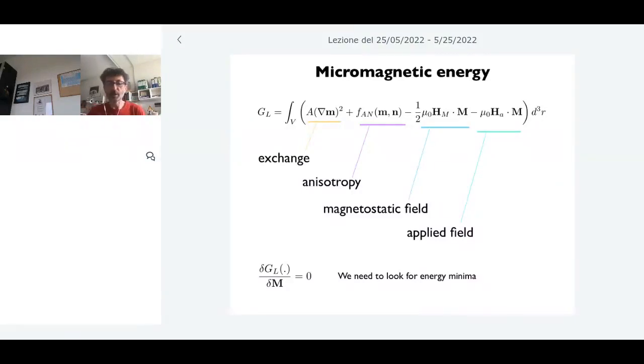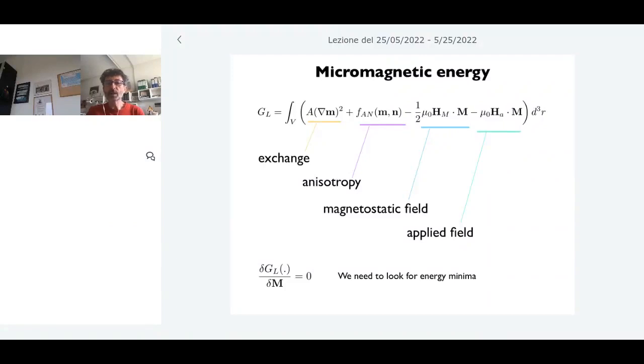One thing to notice is that while anisotropy and applied field just depend on the magnetization vector at that point, so they are local terms, the magnetostatic field energy and the exchange energy are not local.